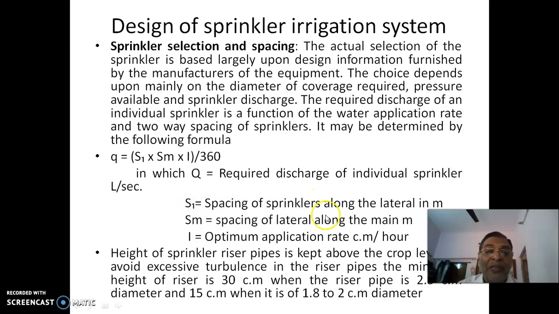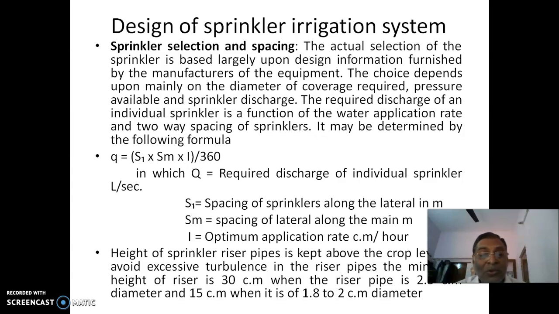So you get the spacing of the sprinkler along the lateral if you have each individual discharge and the optimum application rate I in centimeters per hour. That will be decided by the crop. The height of the sprinkler riser pipes is naturally kept above the crop level.